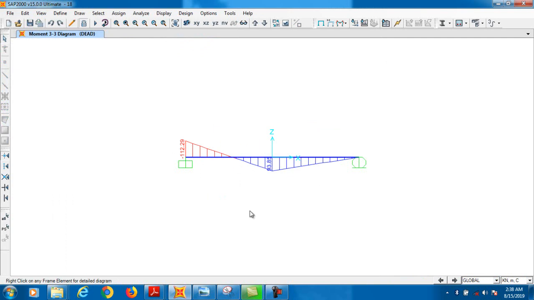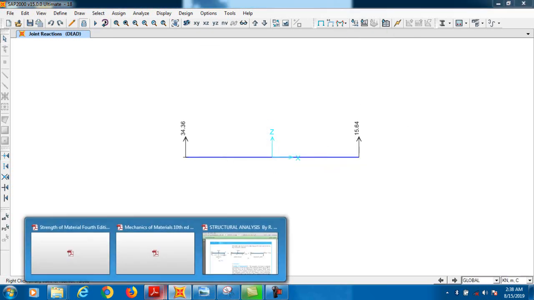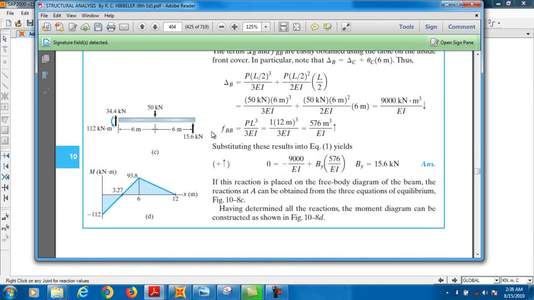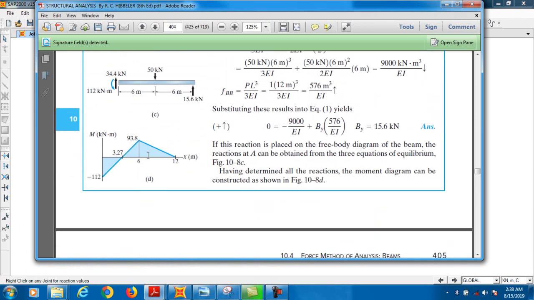First of all, we check the joint reactions. These are the reactions. Let's confirm: 15, 112 and 34. Let's check the bending moment diagram. This is the bending moment diagram. If your reactions are okay, your shear diagram will also be okay.